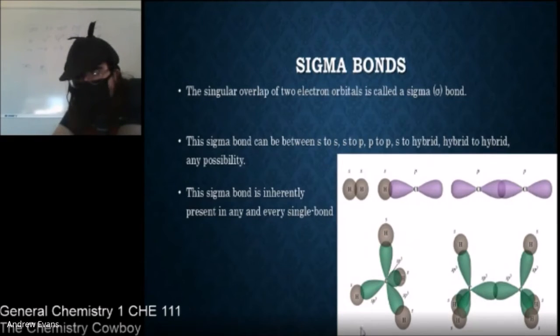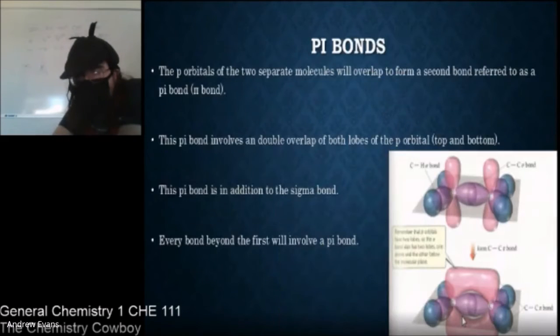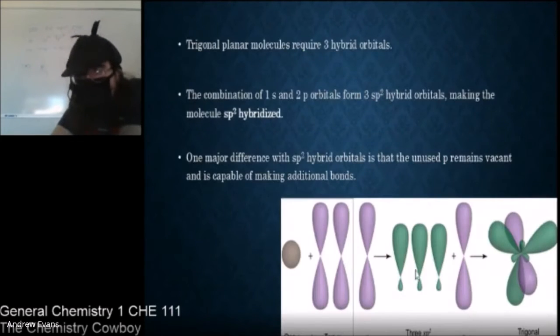Now, why do we feel we need to introduce this sigma bond? Because when we have a trigonal planar state, which is our 3 hybrid orbitals, we get sp2 hybridized. You note that sp2 hybridized has an empty p orbital that is not hybridized.